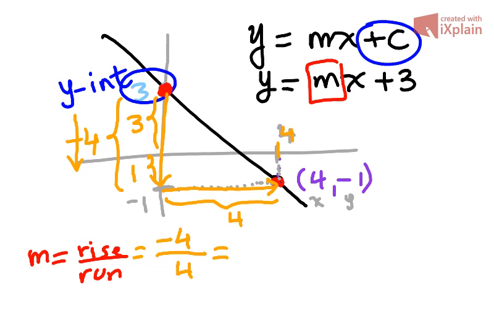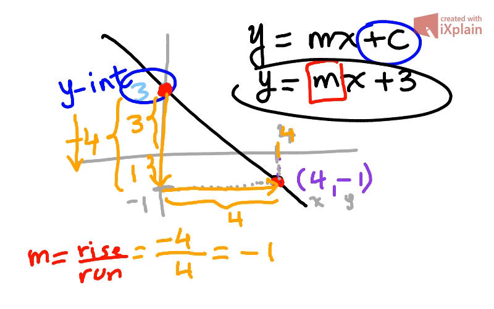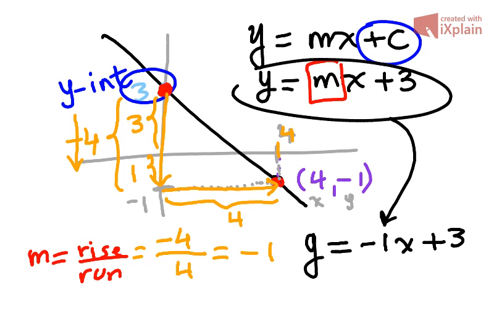So simplifying this, we get -1. So we can go back to our equation and write y equals, instead of m, -1x plus the y-intercept 3. Could even just drop that one, y equals -x plus 3.